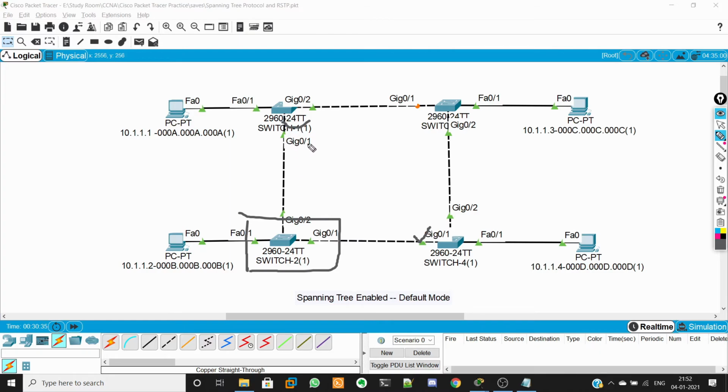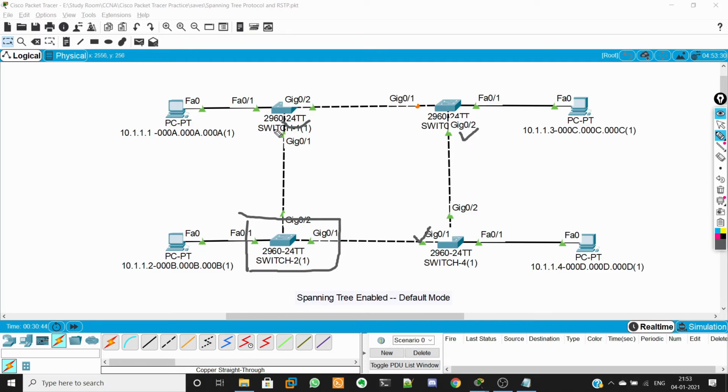This switch chose this path based on the lowest MAC address of switch 4. In this network, the default costs are the same, so it chose the MAC address as a tiebreaker and chose this particular port as the root port.